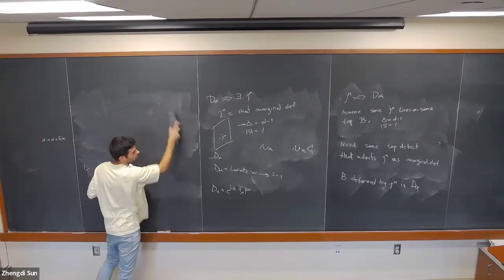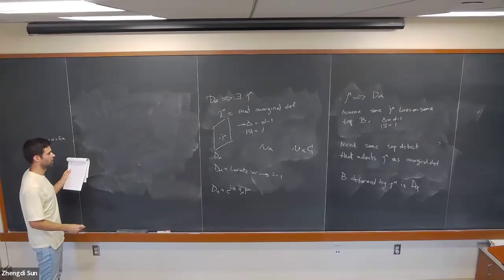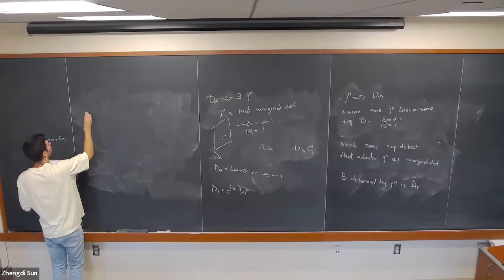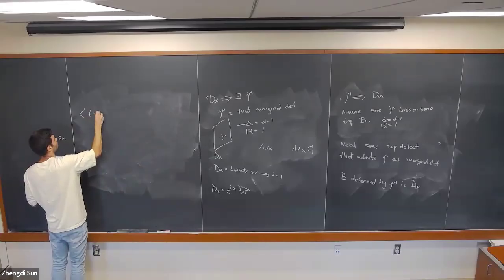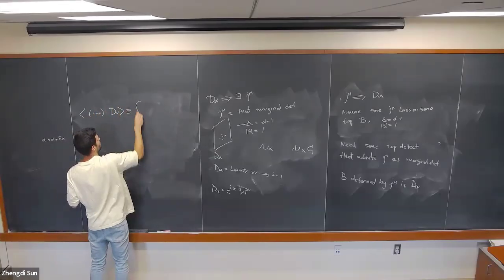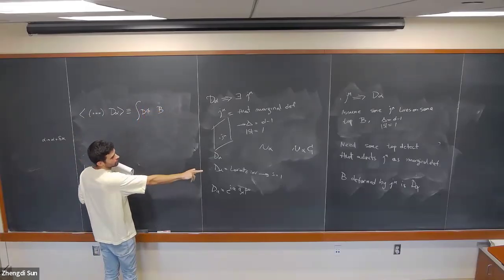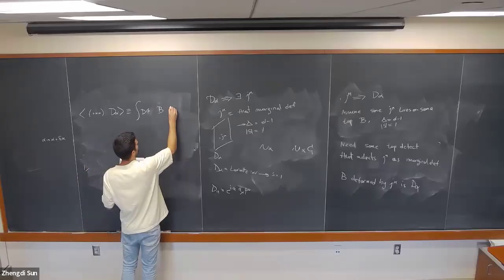So the way I'm going to define the defect is, again, borrowed from the CFT literature. It's called the binning field construction. Let's say you have some correlation function and you want to insert this defect. This by definition is going to be the path integral. I'm going to insert the defect where the line lives.